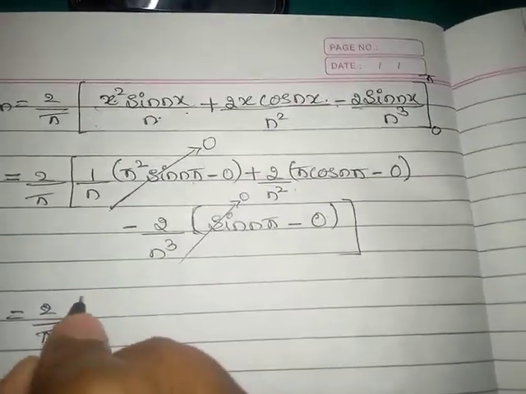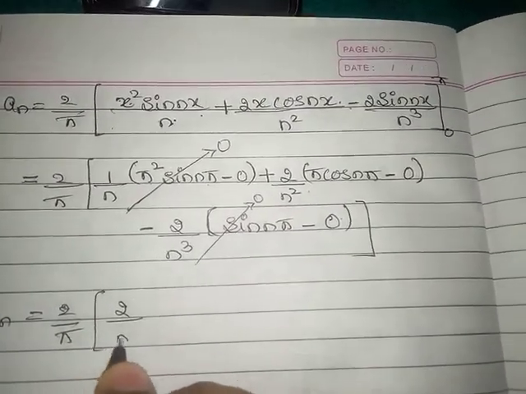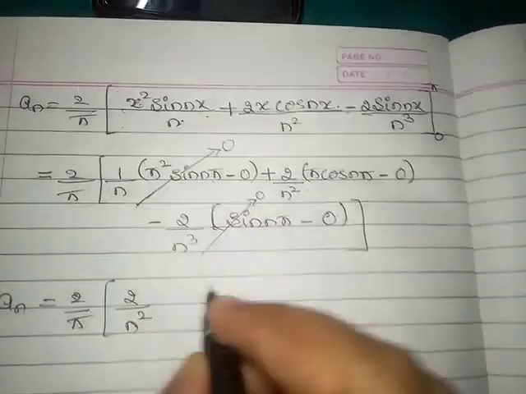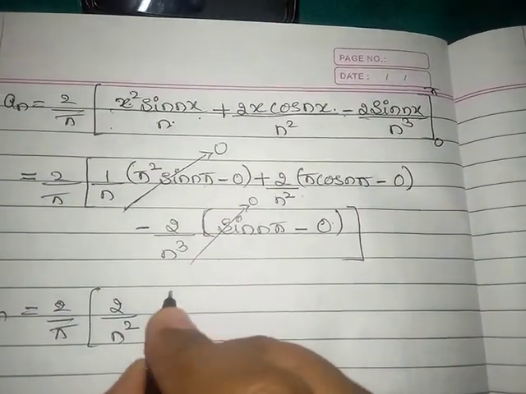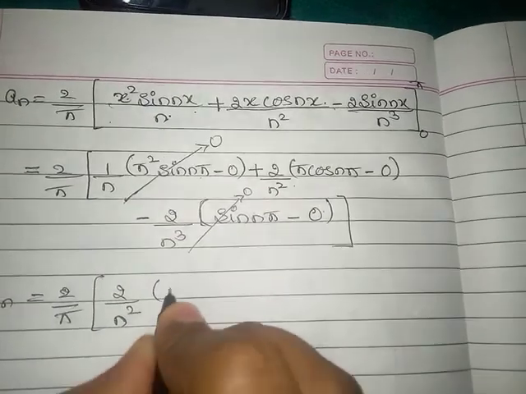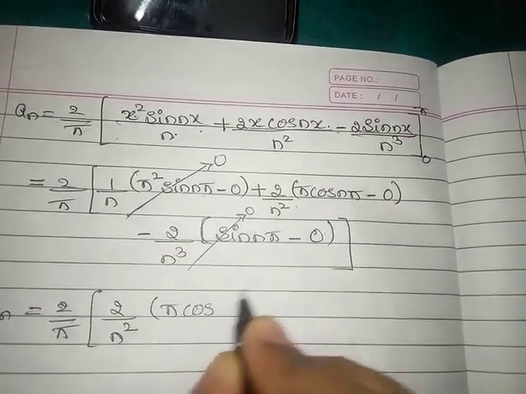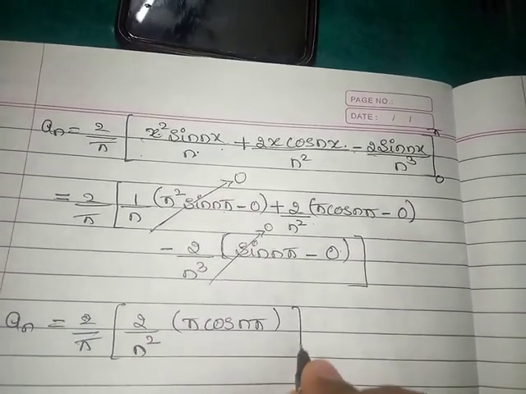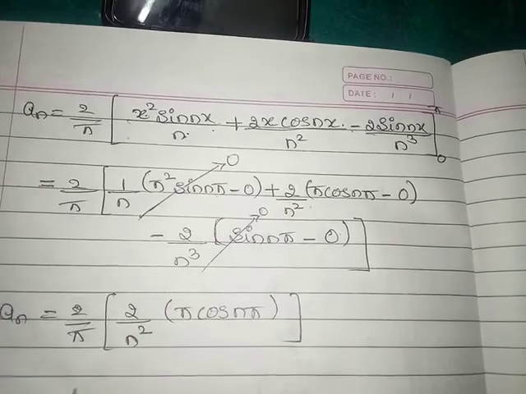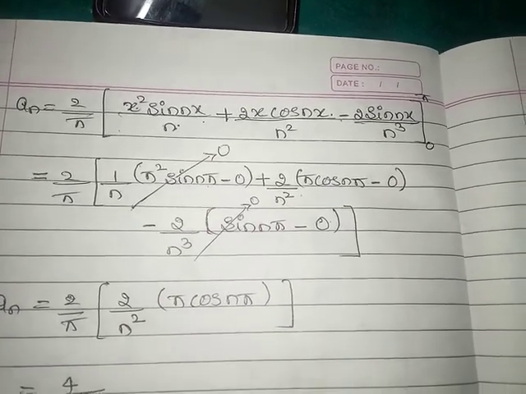Only we have here 2 by n square, this is 0, pi cos n pi. It will be 4 divided by n square into pi.